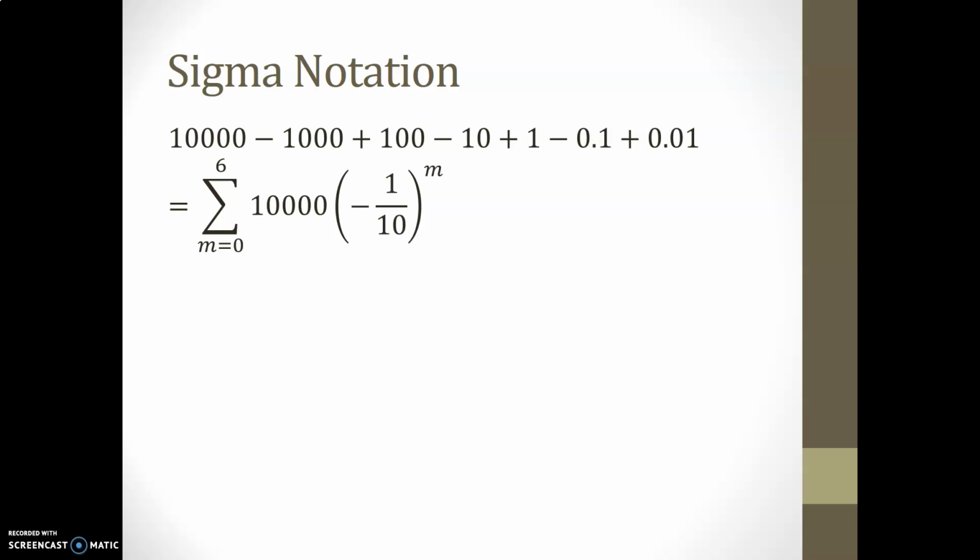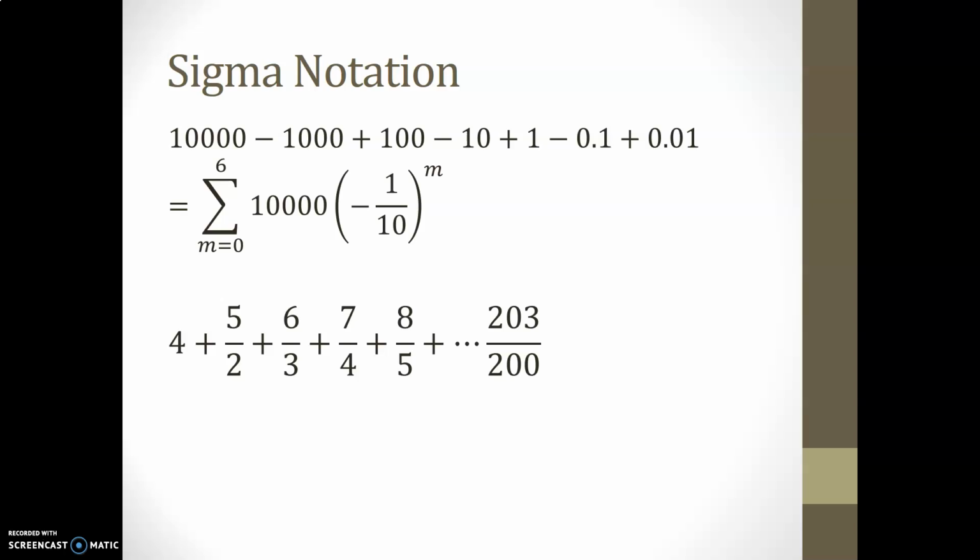So 10,000 times (minus 1/10) to the power m would be an appropriate way to represent all of the terms that appear. The first of which requires that we have m equals 0, so that 10,000 times (minus 1/10) to the 0 fits with the first term. And when m is equal to 6, then we will get 0.01, which fits with the last term of the series.